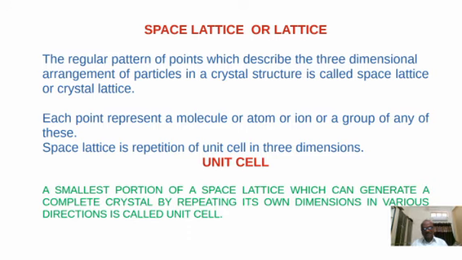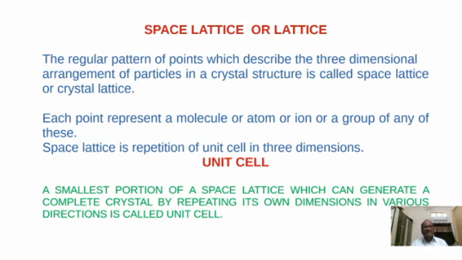Similarly, if quartz is represented, silicon and oxygen atoms are the constituent particles. Each point represents silicon or oxygen. In the sodium chloride space lattice, Na plus and Cl minus ions are arranged in three-dimensional fashion, so each lattice point represents Cl minus or Na plus.